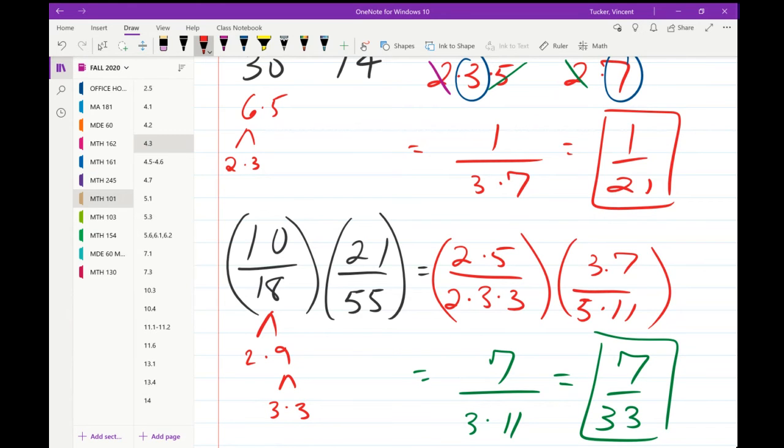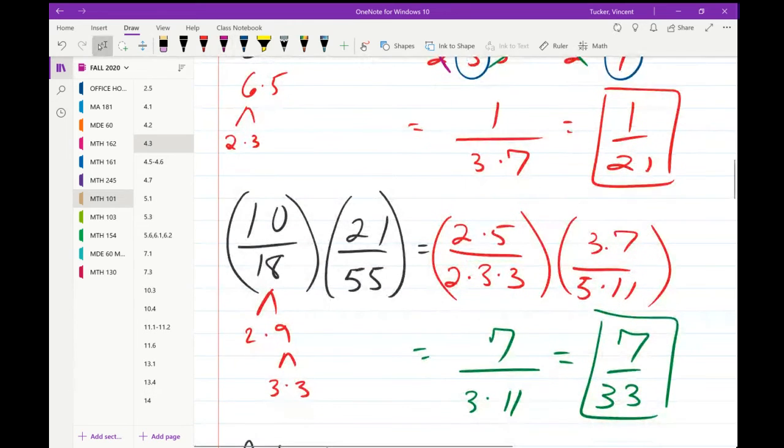So I broke down the 10 into 2 times 5. Then I broke down 18 into 2 times 3 times 3. 21 is 3 times 7, and then 55 is 5 times 11. Then from there, we just cancel out what's in common with the top and bottom.